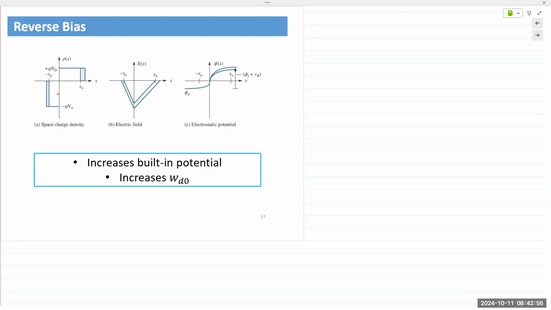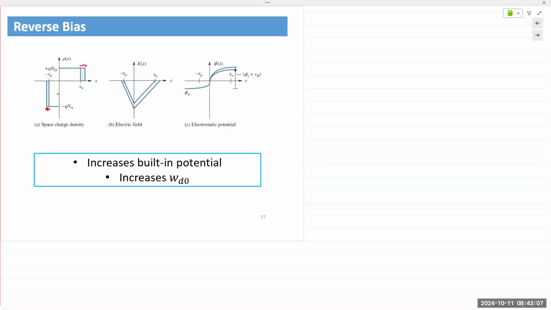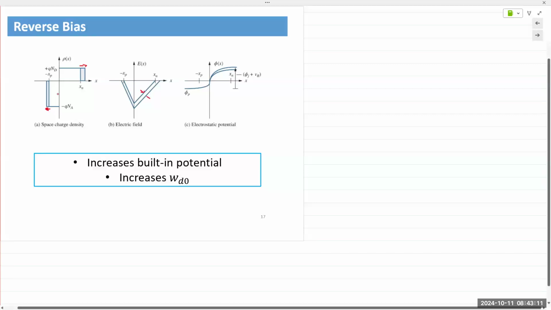So what is actually happening is right here. And that's the increase. And the increase happens, of course, because the carriers are attracted away from the junction, which increases the electric field. The electric field is now increased on both sides of the junction, right? The carriers are going away.